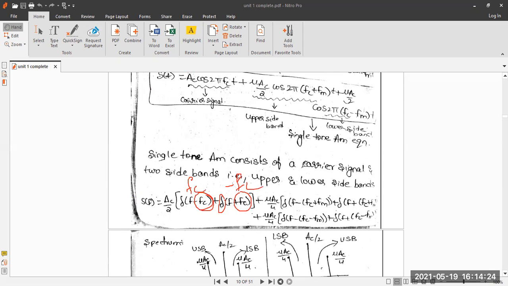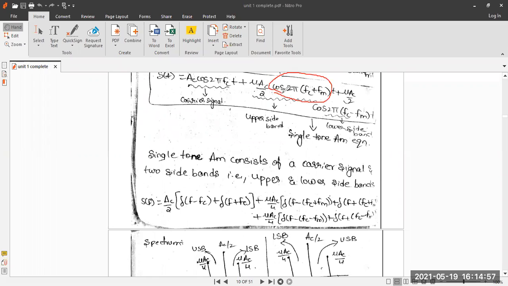Next, for the second term, the amplitude mu AC by 2 becomes half, that is, mu AC by 4. And this is the cos term.